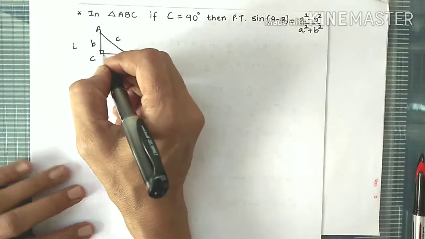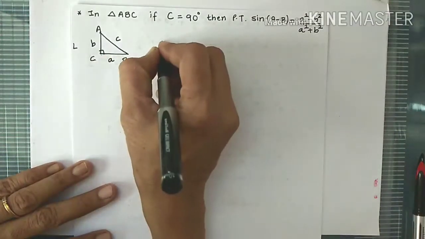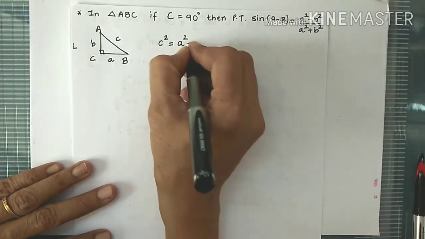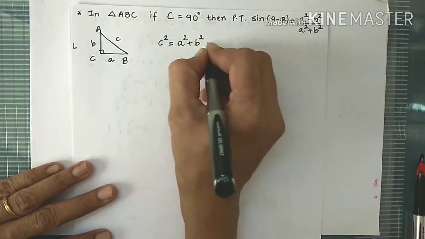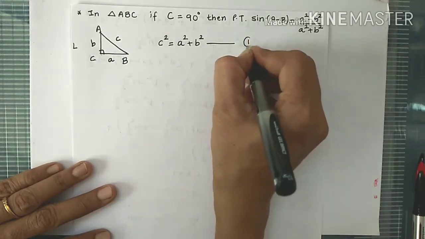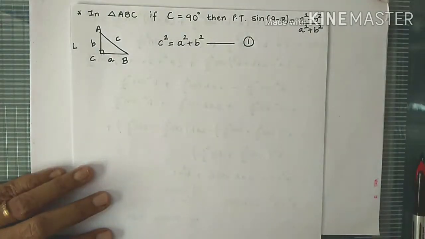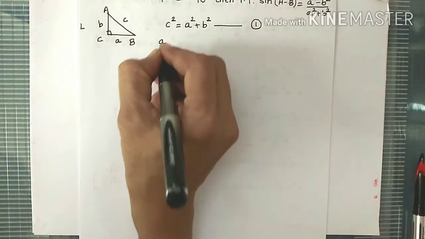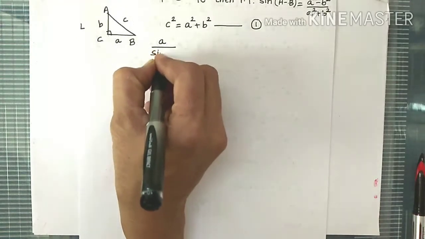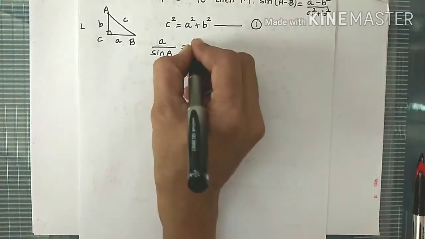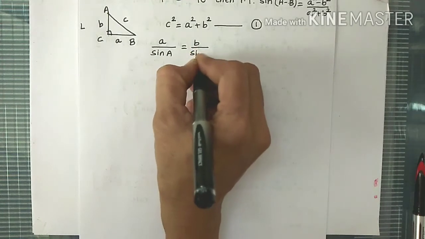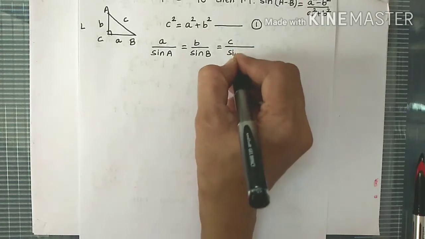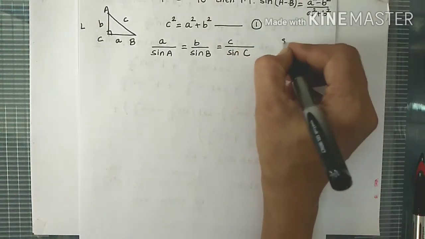Now since angle C is a right angle, we get c square equals a square plus b square using Pythagoras theorem. So that is the first thing. Let this be equation number 1. Now using the sine rule, let's see what we get. If we use the sine rule, then we have a upon sine A equals b upon sine B equals c upon sine C. But now we have angle C equal to 90 degrees.